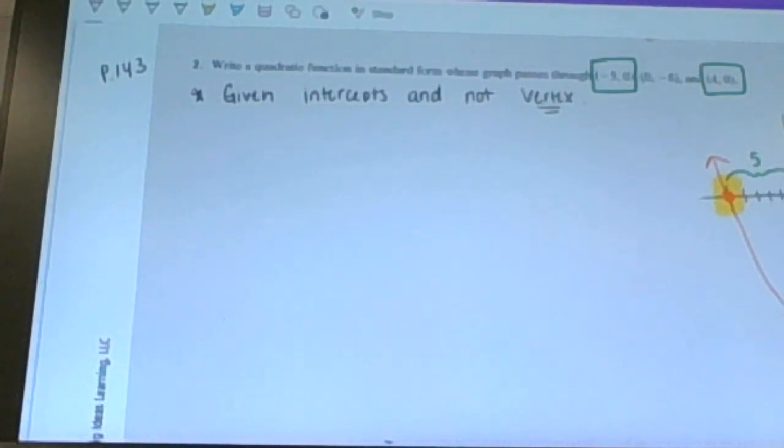So we are not given the vertex, even though it looks that way. Instead, we're given 2 intercepts. So if we're given the intercepts and not the vertex, we're going to use intercept form. This is intercept form. You have to have it memorized, the difference between vertex form and intercept form. From the information, I see that P equals -5 and Q equals 4.